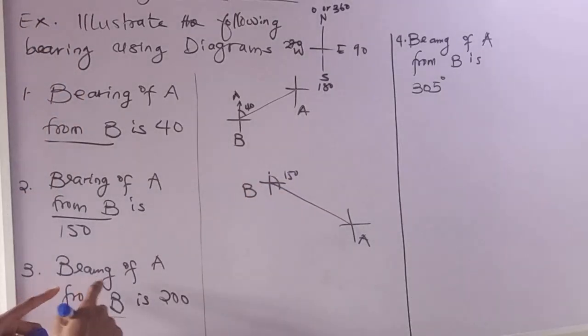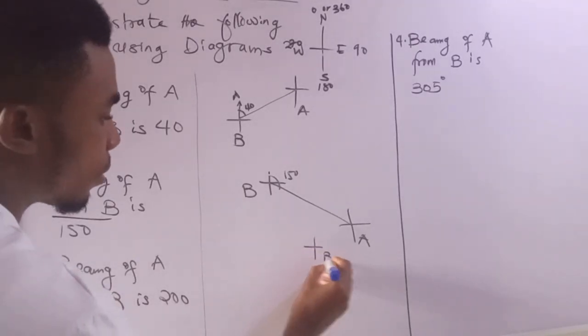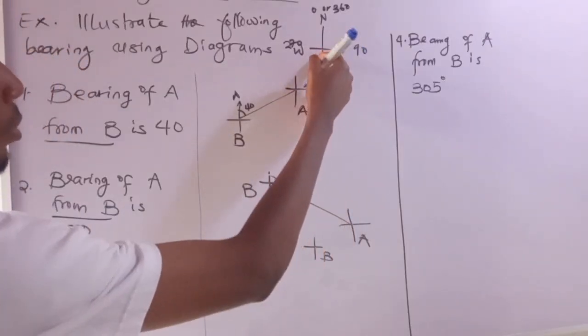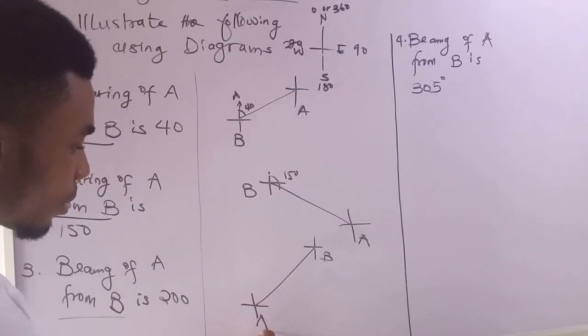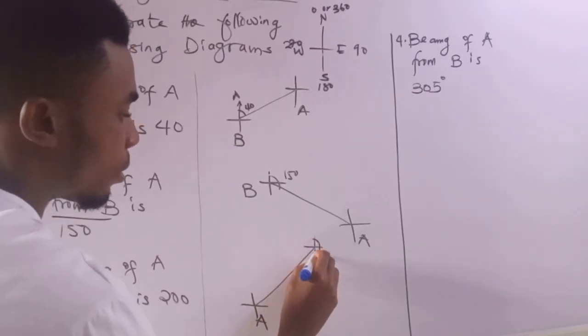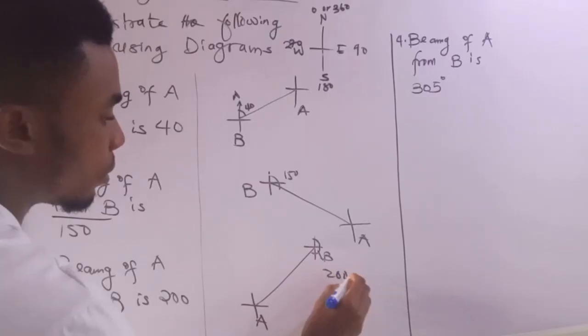Now for the third one, we have the bearing of A from B, still from B, is 200. So we have point B here, and we know that 200 exists on the third quadrant, so we can move from the third quadrant down to point A, and our measure is from the north pole. So we have this to be 200 degrees.